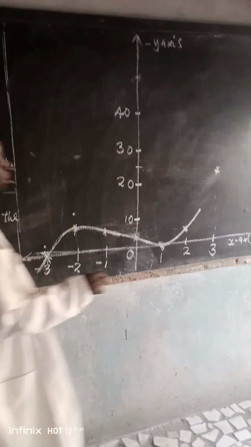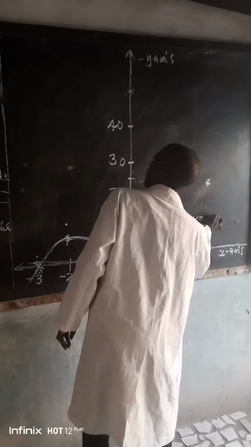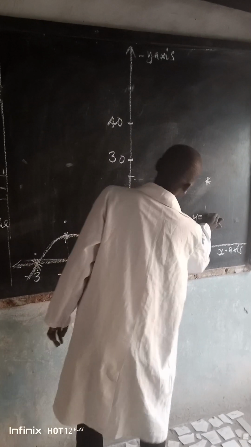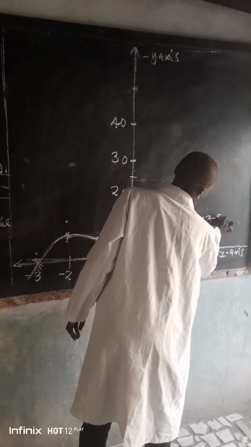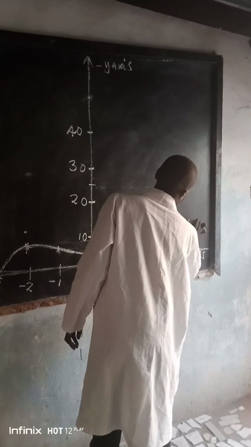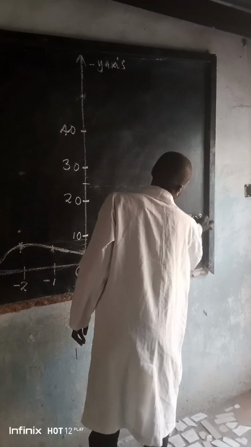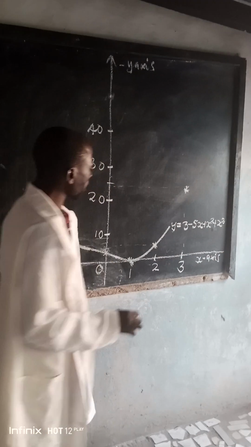So you even name this one as y equals 3 minus 5x plus x to the power 2 plus x to the power 3. Okay.